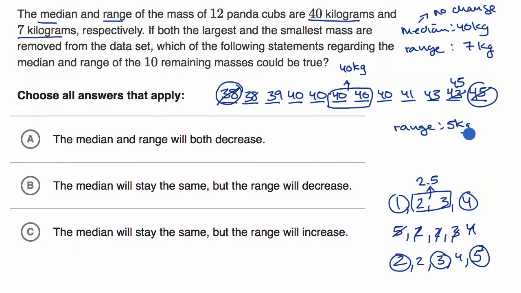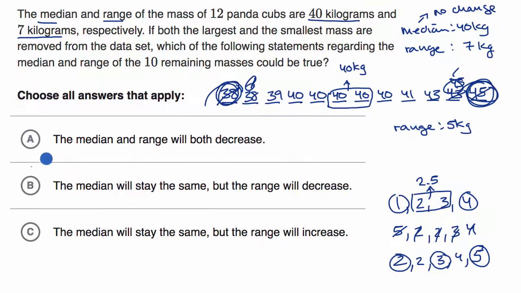It's not possible for the range to increase, because in order for the range to increase, this number and this number would have to be further apart, but that wouldn't be possible because this number is larger than this number and this number is smaller than that number. So the only thing that's possible is that the range could decrease or stay the same, and that the median would stay the same.